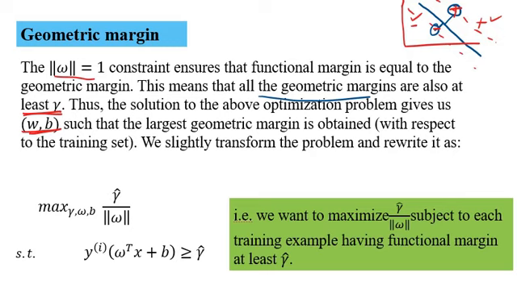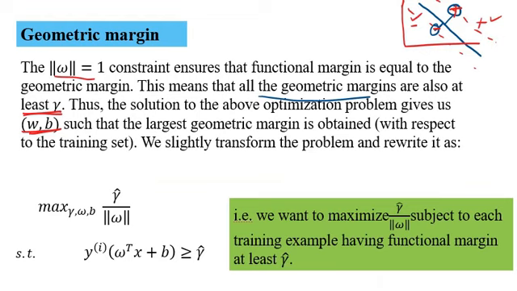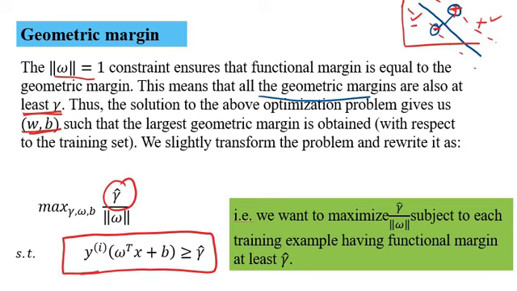Now, we slightly transform our optimization problem of maximizing gamma and write it as maximizing gamma hat divided by the norm of w, which means we are writing it in terms of the functional margin. So we want to maximize gamma hat divided by the norm of w, subject to each training example having functional margin at least gamma hat. This constraint also gets transformed because we have rewritten our maximization problem.